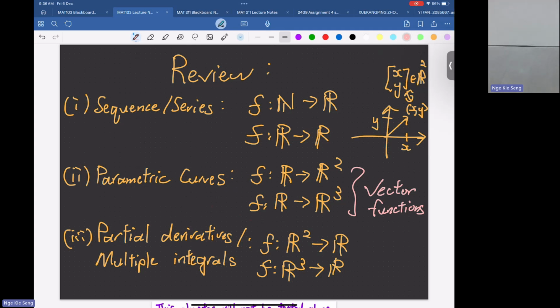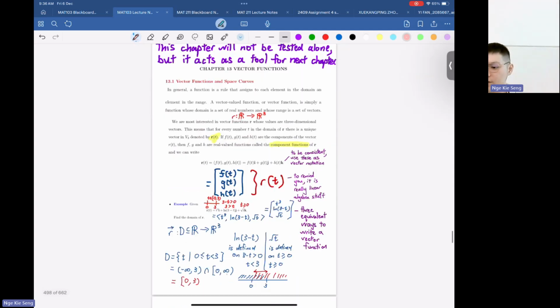So your codomain is a vector. Give you a time, then you can give any point in R. Your output is a vector. But if you look at the third part here, the output is just a number. Actually, this number is also regarded as a vector, but we'll see higher dimensions now. For this chapter, you don't need to be too worried.